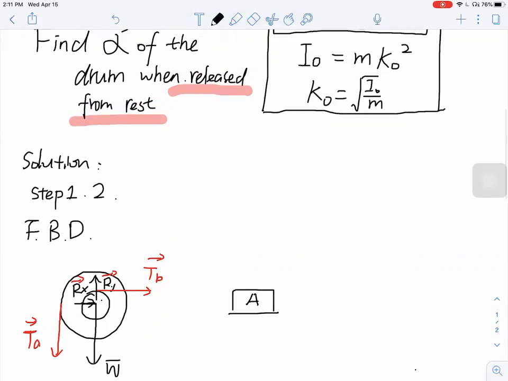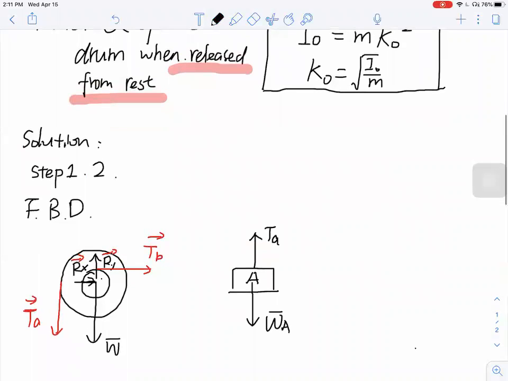And we know block A has mass. Starting from its center of mass, let's call the weight WA. The tension force is pulling it up, just TA. Similarly, we have another block B, with force WB and tension force TB.